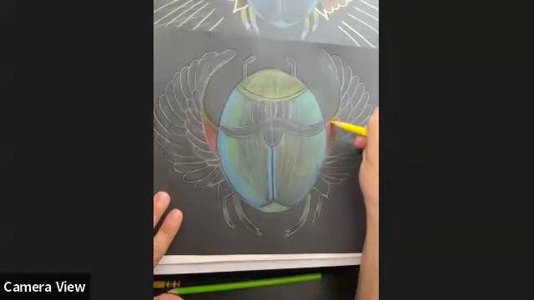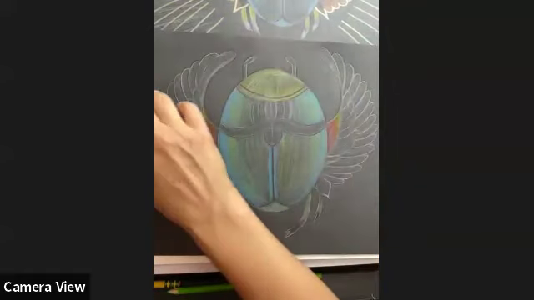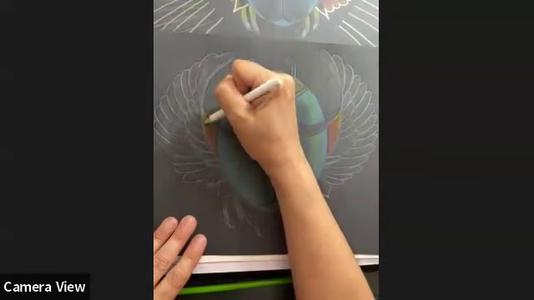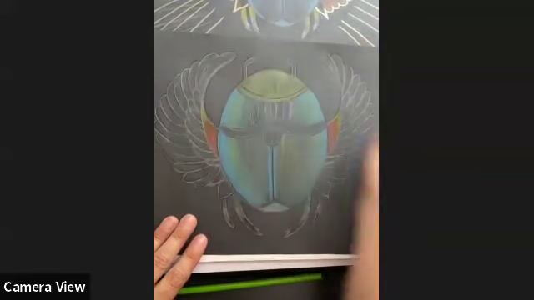Here again, if you want it to get a little brighter, you can grab your white and go right on top of your colors.